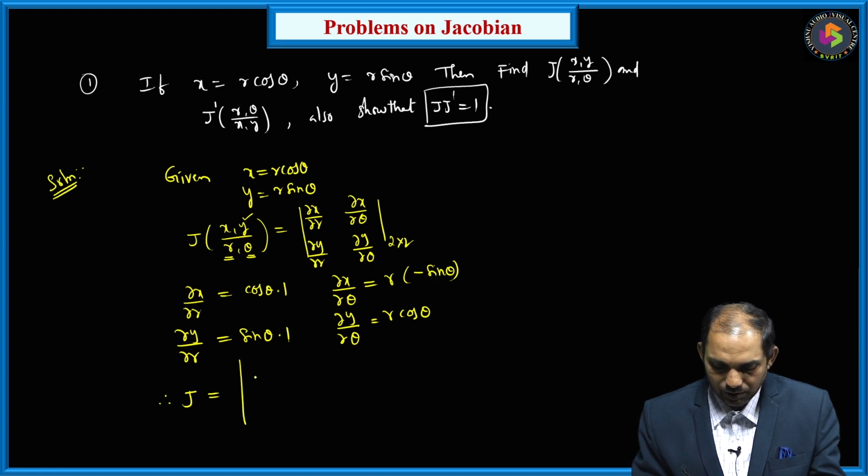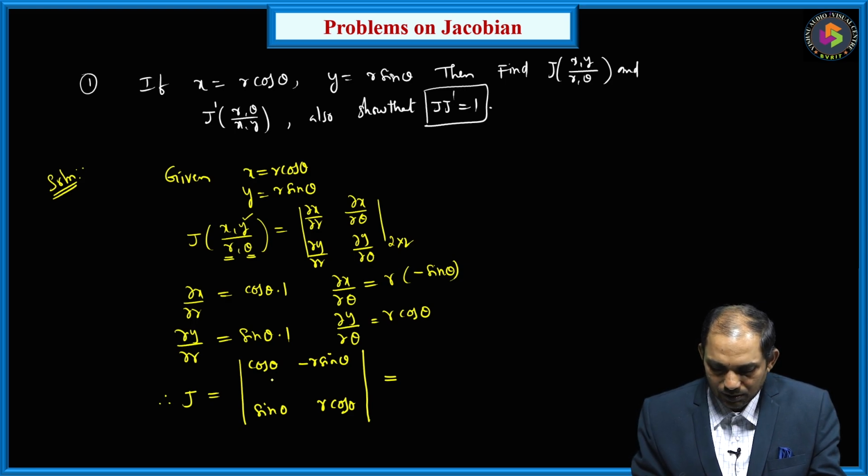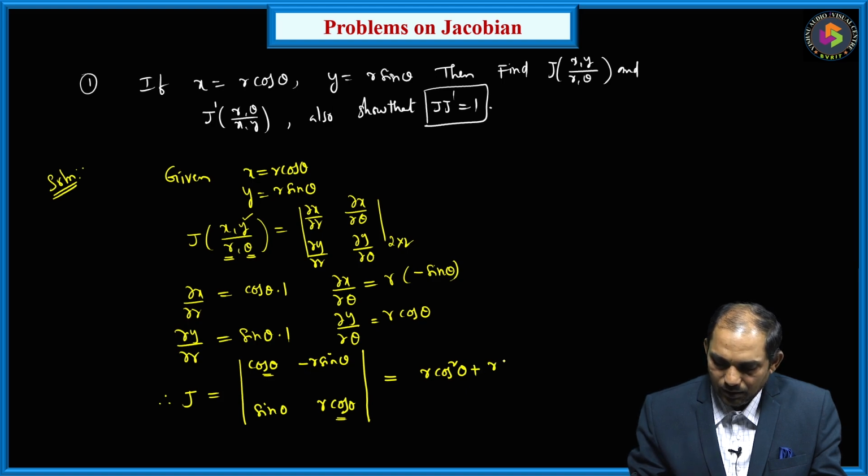the determinant of cos theta, minus r sin theta, sin theta, r cos theta. For any matrix with entries A, B, C, D, its determinant is AD minus BC. Multiplying cos theta and r cos theta, we get r cos square theta, and minus into minus gives plus r sin square theta.